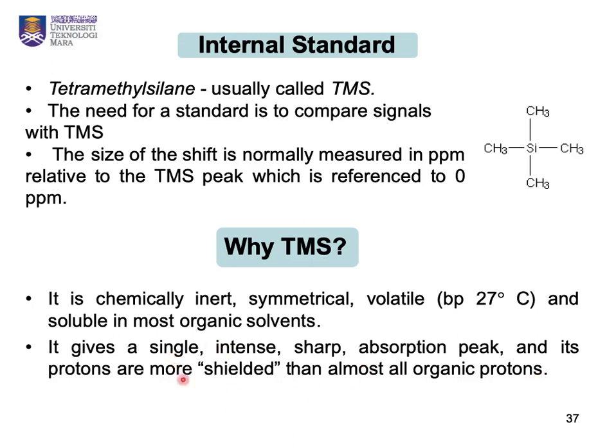So these are the two reasons why we use TMS: the first with respect to its chemical nature, and the second with respect to the origin of the peak in the NMR spectrum. So in an NMR spectrum the TMS peak will always lie at 0 ppm. The peak will be a single, sharp peak, and it always comes in the shielded region.